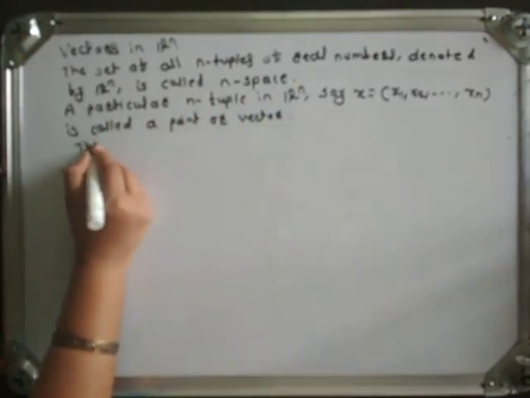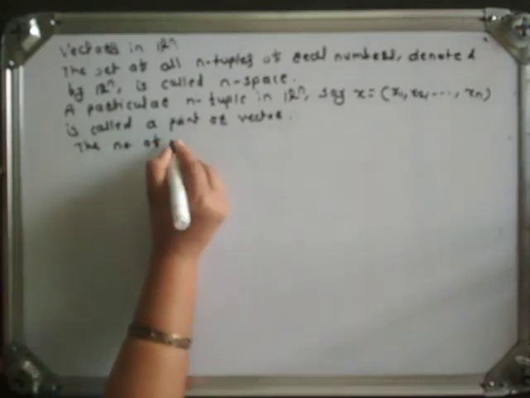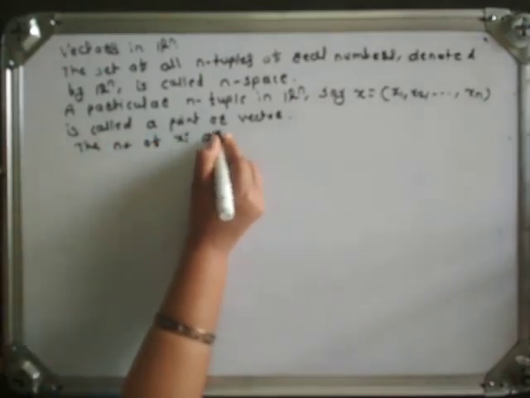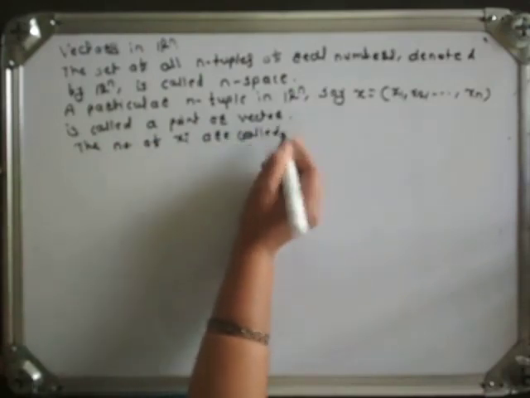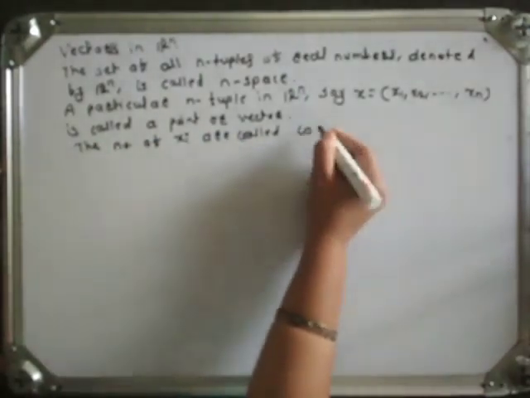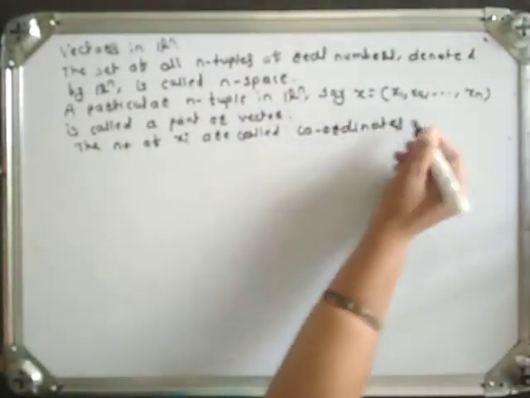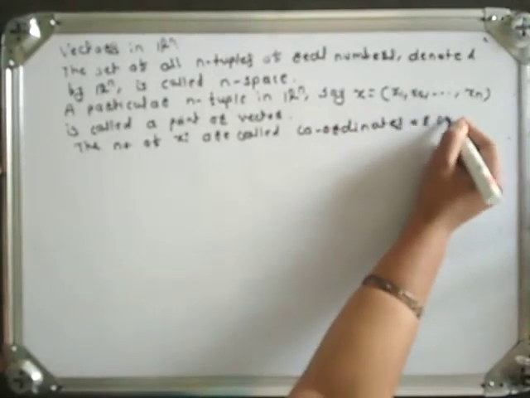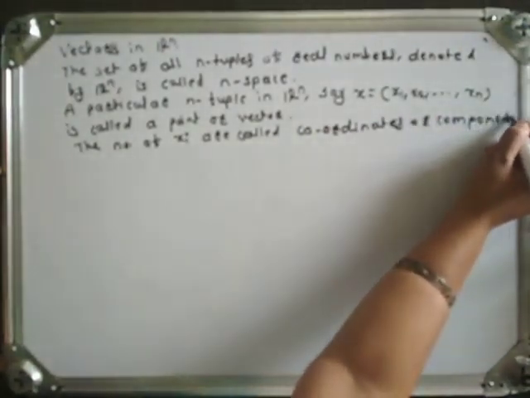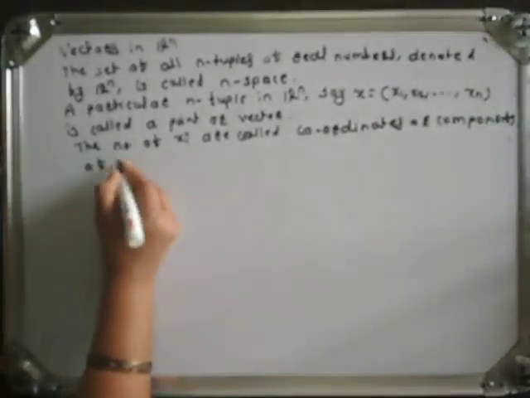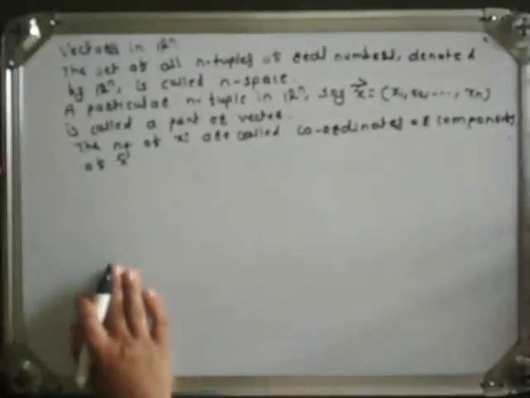The numbers xi are called coordinates or components of x bar. Sorry, here is x bar. Okay.